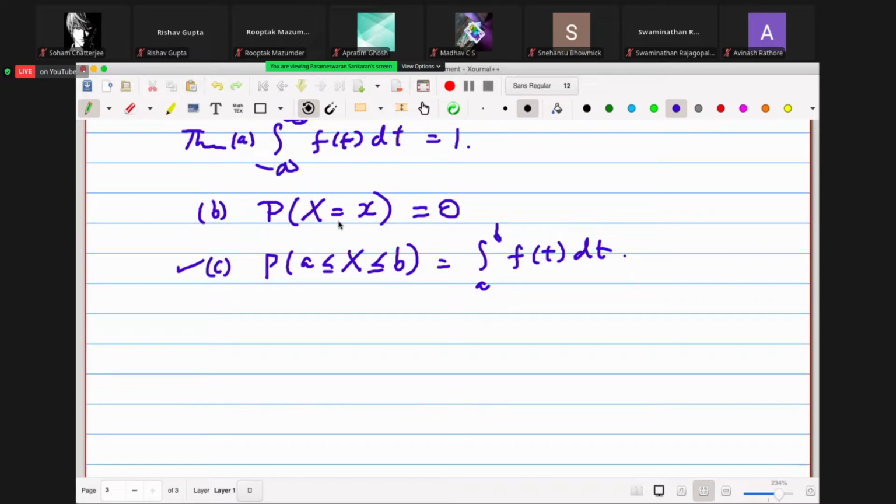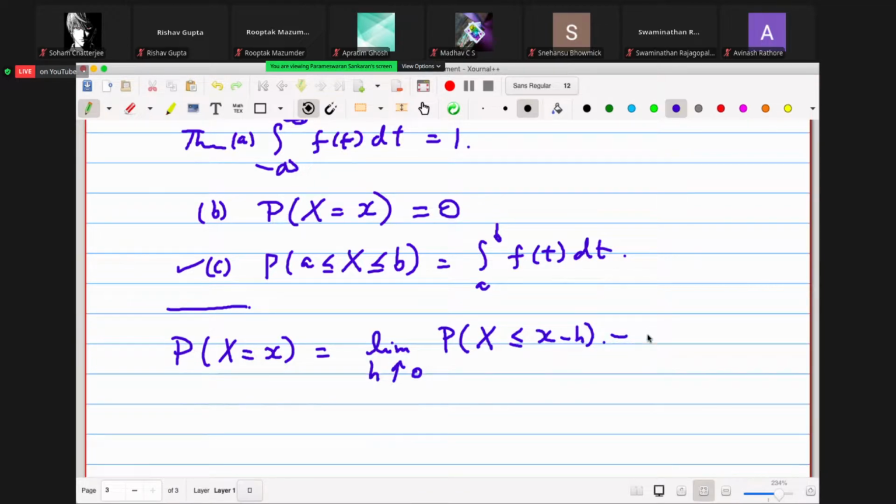This one requires some explanation. The probability of X equals x, I can say like this, is the limit as h decreases to 0 of the probability of X less than or equal to x, minus the probability of X less than or equal to x minus h.